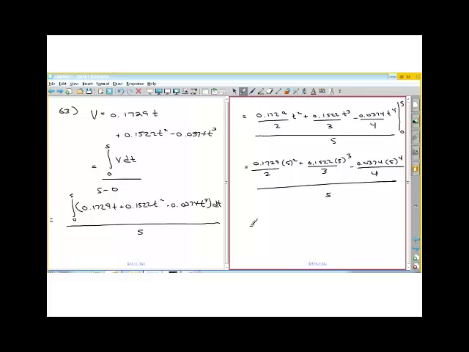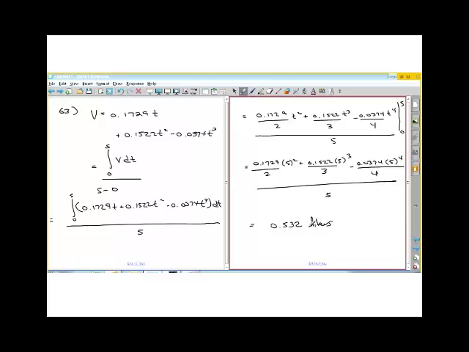And then we just plug it in a calculator. 0.1729 divided by 2 times 5 squared plus 0.1522 divided by 3 times 5 cubed minus 0.0374 divided by 4 times 5 to the 4th power, and that gives me 2.659, and I divide by 5, and I get the average volume is 0.532 liters.